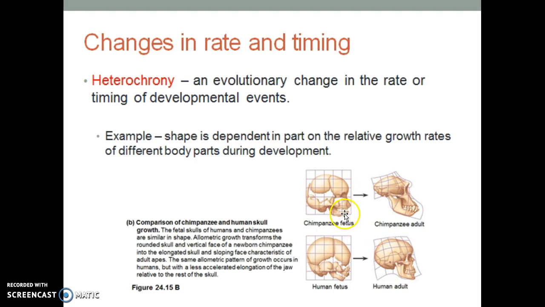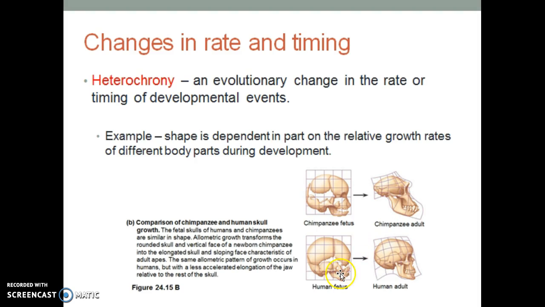Something happens in these bones right here in the chimpanzee, causing them to grow outward at an accelerated rate, at least relative to that of a human. These bones grow outward, but they don't accelerate in growth and elongate as much as a chimpanzee.